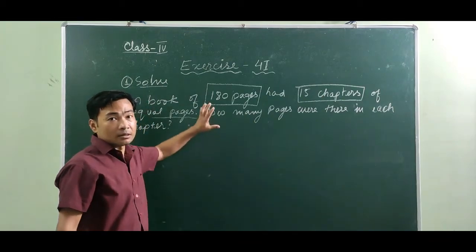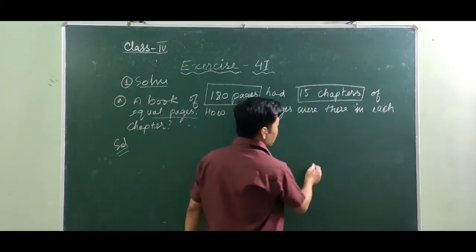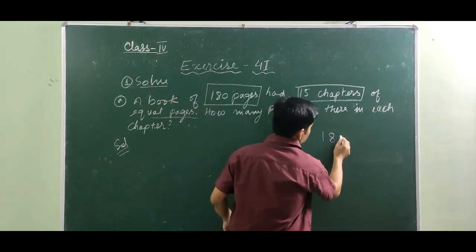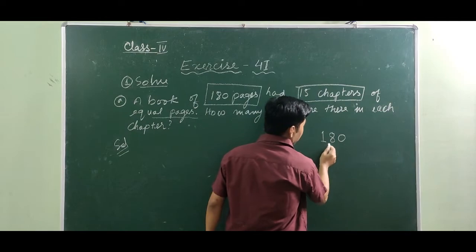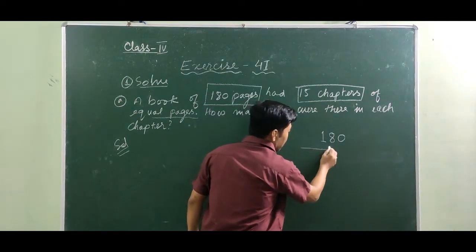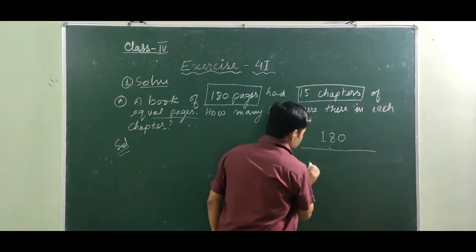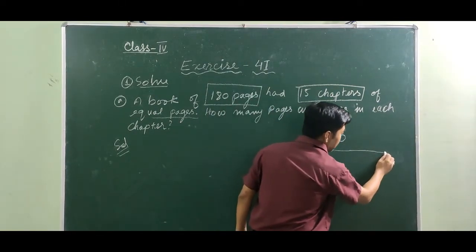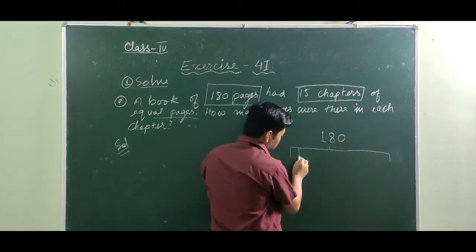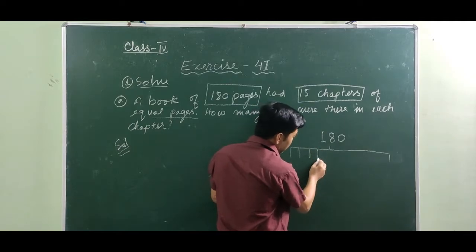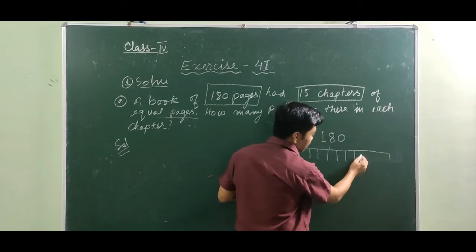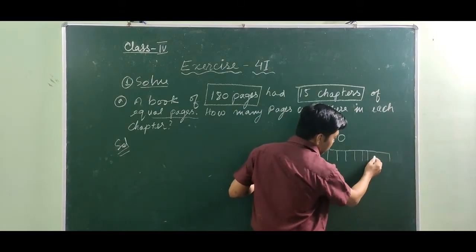See here, let's understand the question first. Let's say we have a book of 180 pages. So the total number of pages in the book is 180. And this is our book. Now, in this book, how many chapters are there? We have 15 chapters.